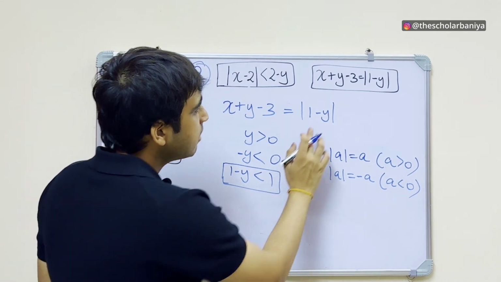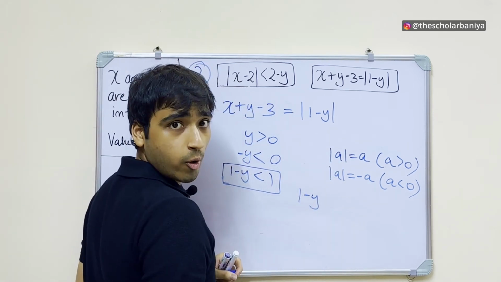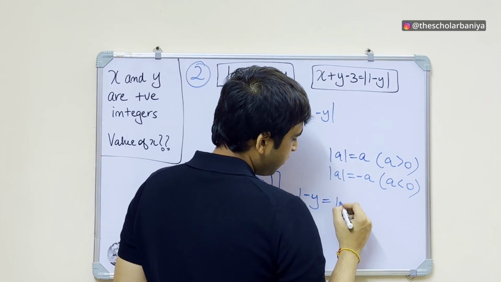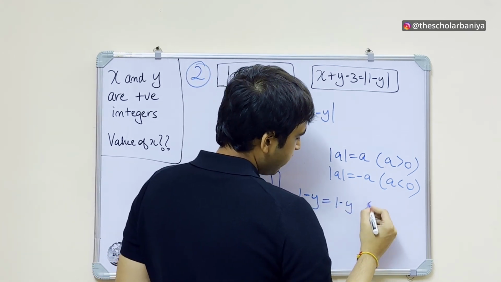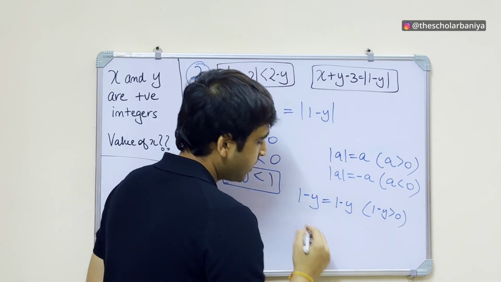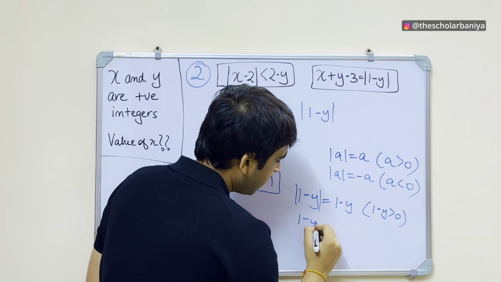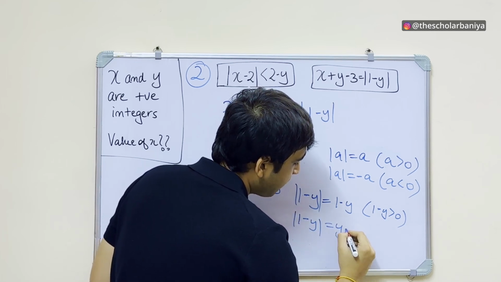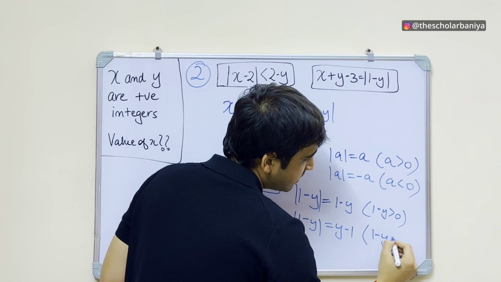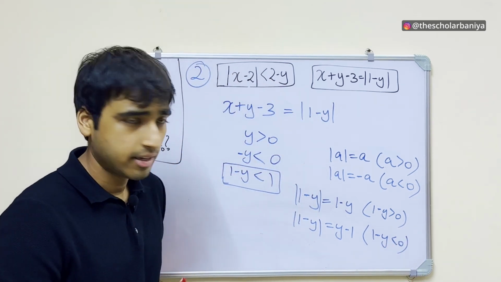So similarly, mod of 1 minus y will be 1 minus y if 1 minus y is greater than 0, right? And mod of 1 minus y will be y minus 1 if 1 minus y is less than 0. I hope this should be very clear, right?